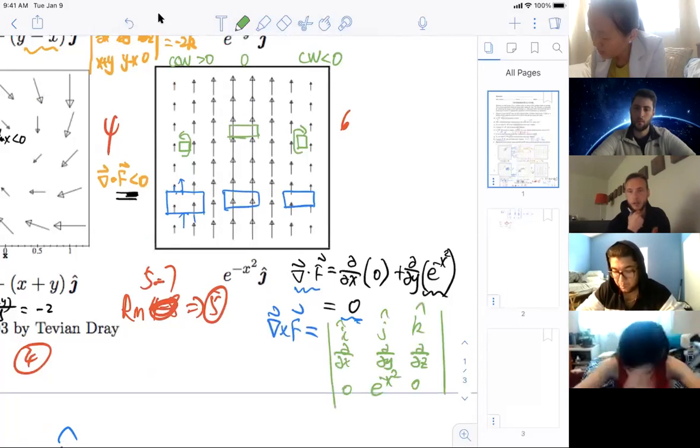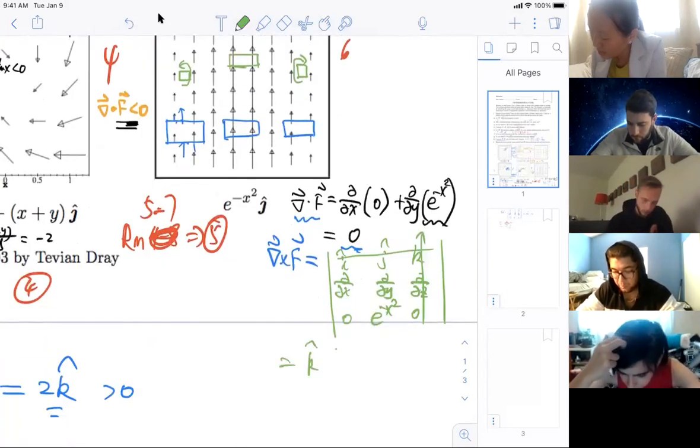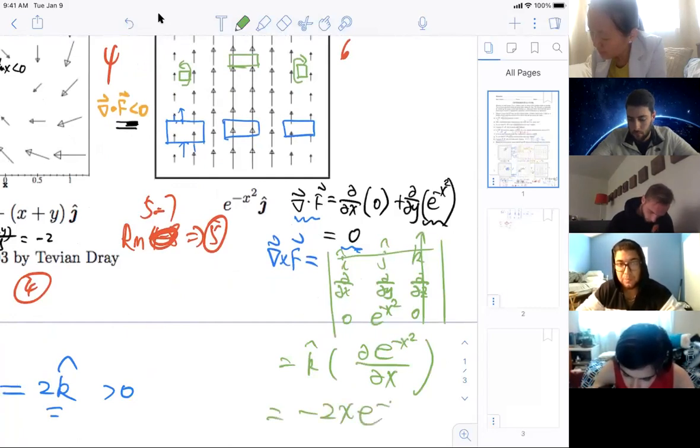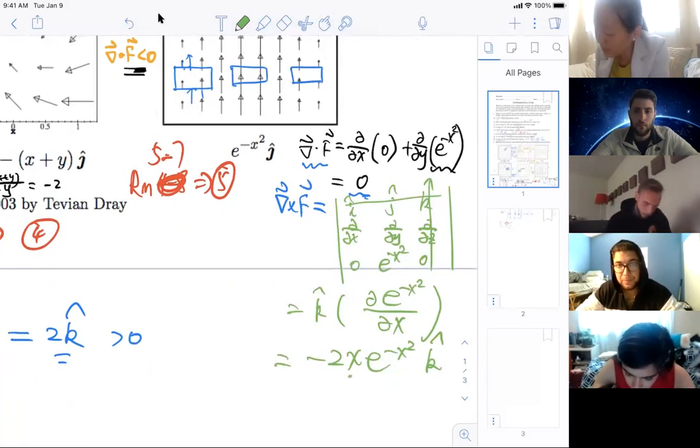So whatever is left is going to be k hat d e to the power of negative x squared over dx, and that is negative 2x e to the negative x squared k hat. And you can see that it is dependent on x, right? At x equals 0, which is at the center, you got a 0 curl.